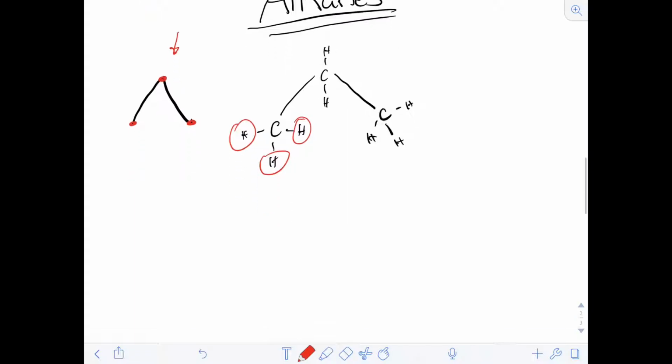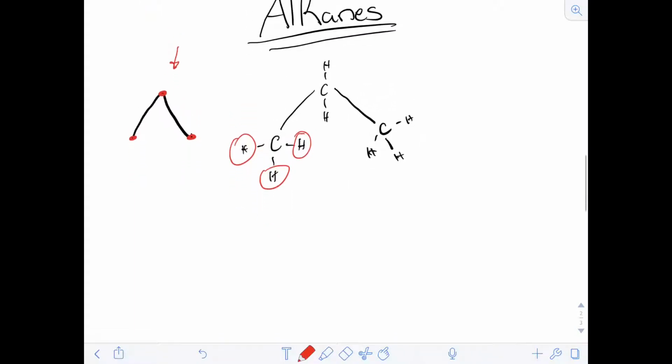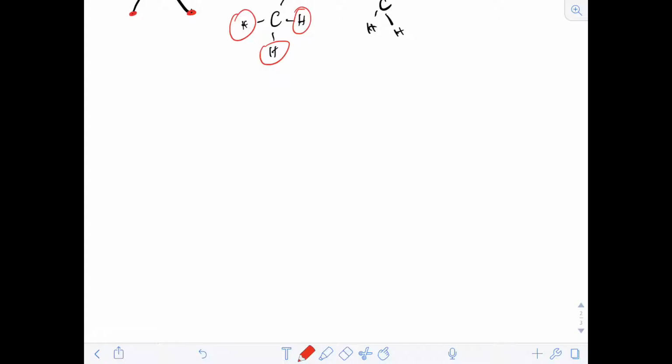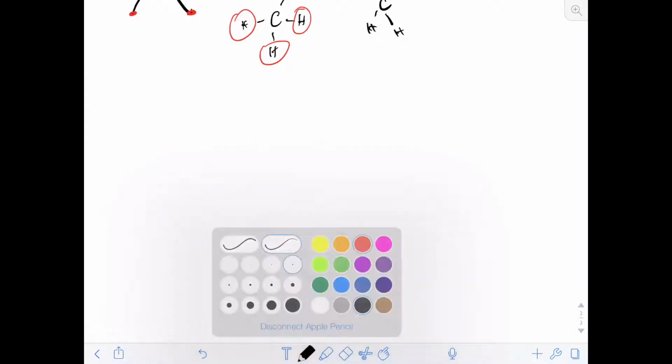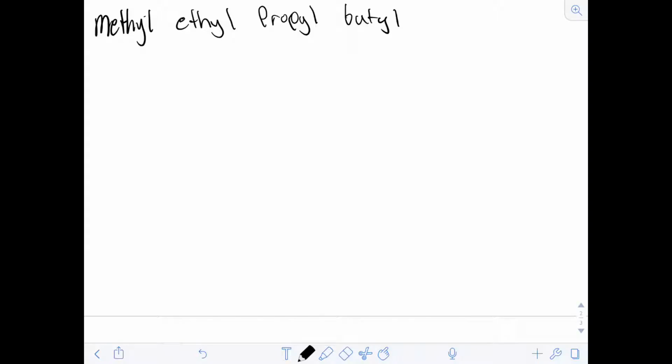So we're going to get into naming these alkanes, which is actually really easy. We're going to still look at our methyl, ethyl, propyl, butyl. This is where these are going to come into play, especially with naming.